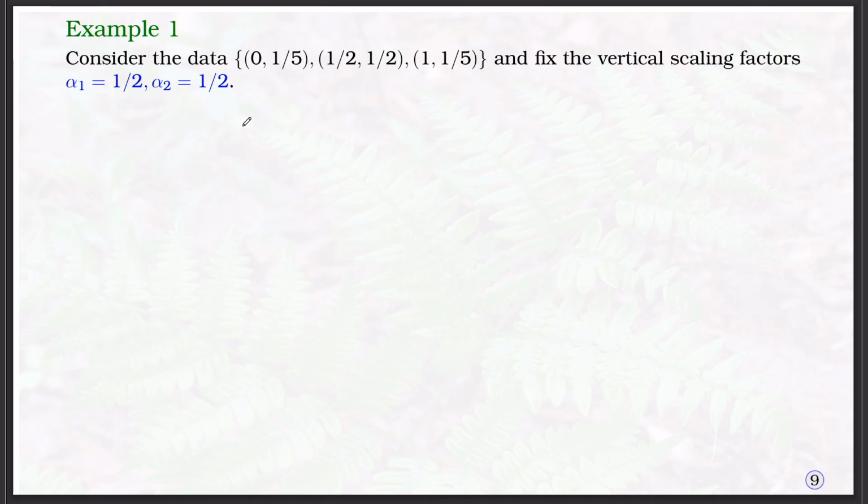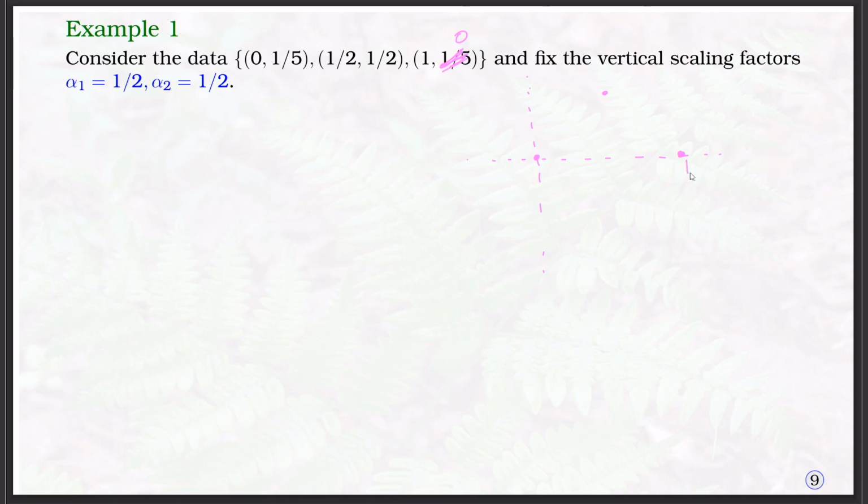Let us consider the data points 0, 0 and 1 by 2, 1 by 2 and 1, 0, which we already discussed in the classical interpolation. This is not 1 by 2, it is 0.